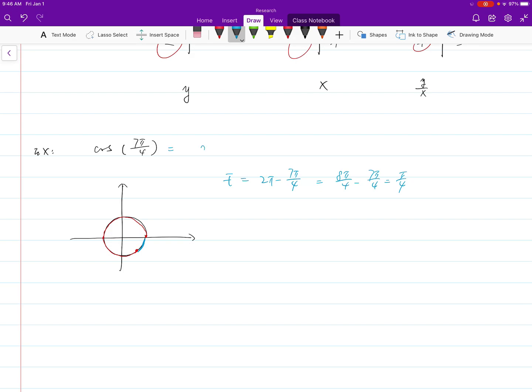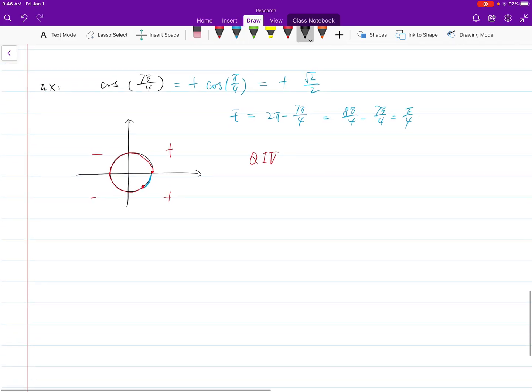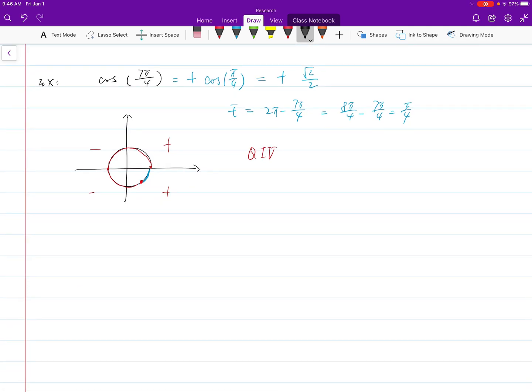Therefore, I go with cosine of pi over 4, which is square root of 2 over 2, plus or minus, and I need to fix the sign. Now, which quadrant is this one in? Quadrant 4. What are you looking for? You're looking for cosine. Therefore, the x value for this one is going to be positive. That's how I figure this out.